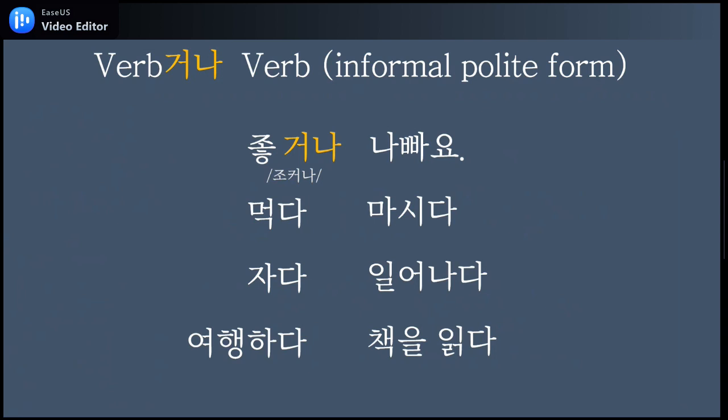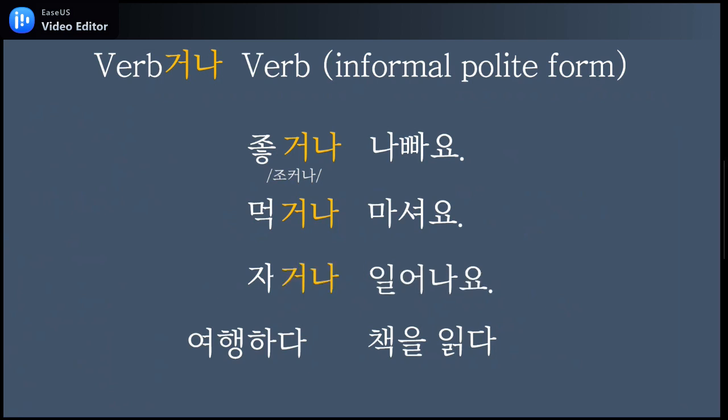Number 2, 먹다 or 마시다. Eat or drink. 어떻게 말해요? 먹거나 마셔요, conjugation. 자, number 3. 자다 or 일어나다. Sleep or get up. 어떻게 말해요? 자거나 일어나요.